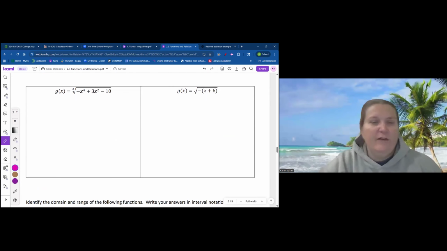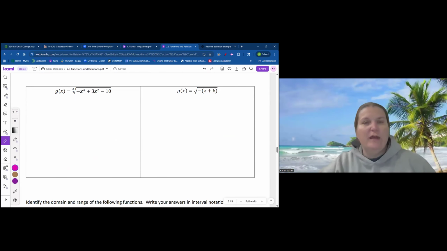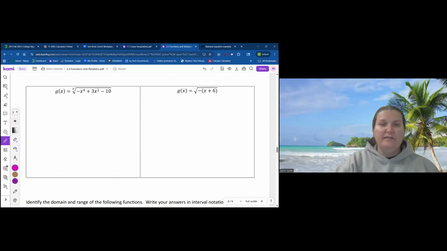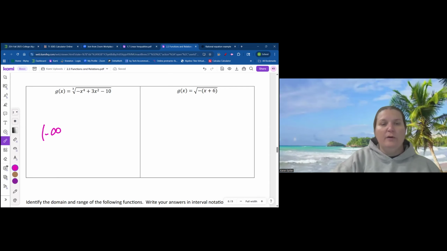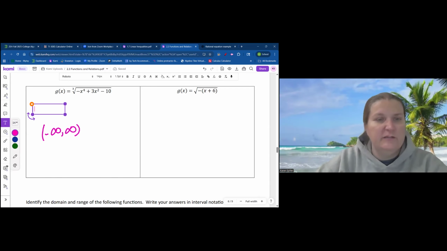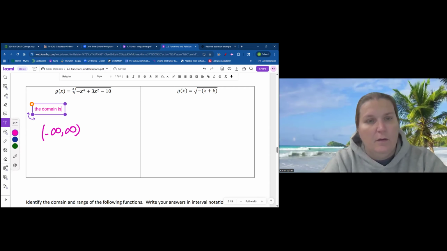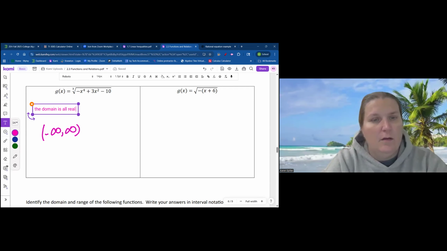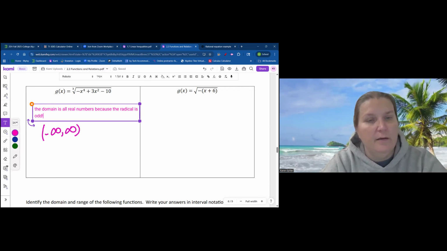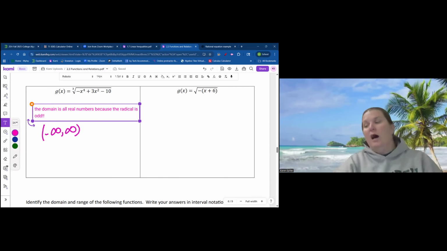Okay. G of x here is the cube root of -x to the fourth plus 3x squared minus 10. It's crazy, but the domain here is all real numbers, because the radical is odd. 3 is an odd number.